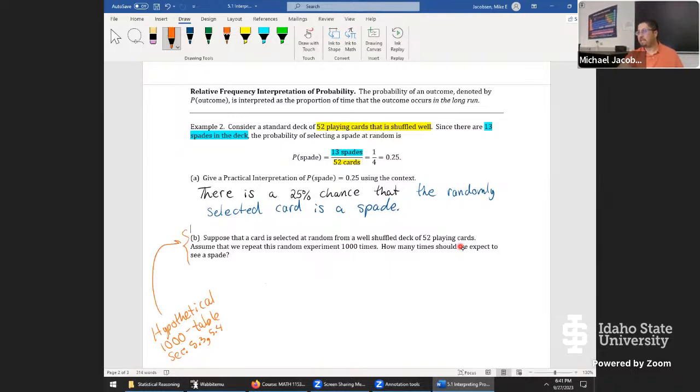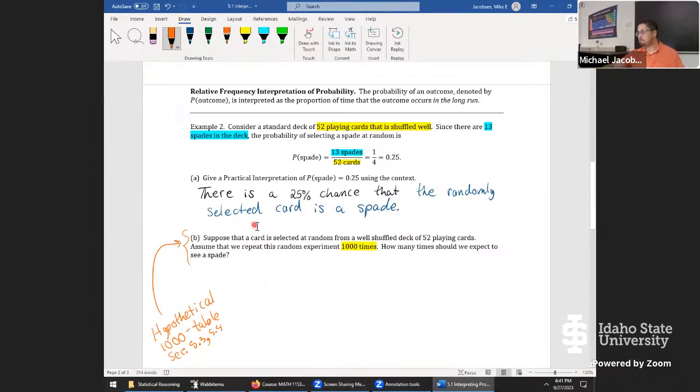So the whole purpose of part B is kind of a warm up to the procedure we're going to be using in our text to calculate probabilities. Hypothetical 1000 table might not make a lot of sense just yet. We're going to have to get to those sections. But the hint is this right here. We're going to consider something happening 1,000 times.